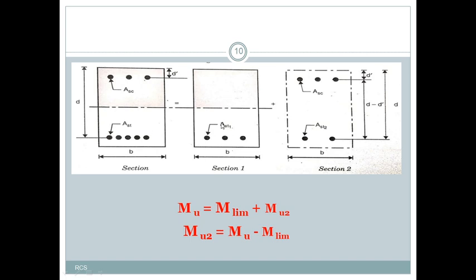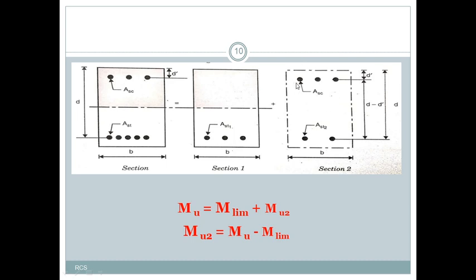And if I provide a balanced section, this balanced section will bear a moment of up to 350 kilonewton meter. So what is the difference of moment between these two? There is 50 kilonewton meter. Then who will bear that 50 kilonewton meter moment? For that, we will provide additional reinforcement here, AST2, and the reinforcement in the compression zone.